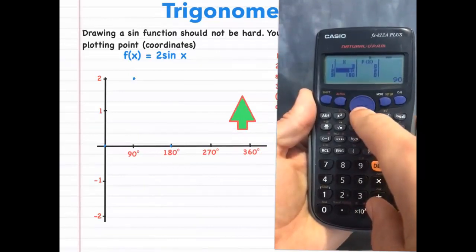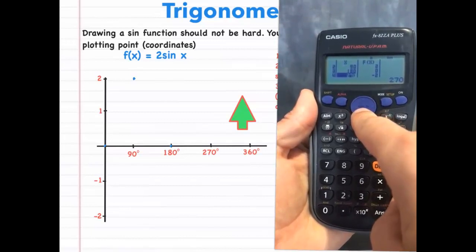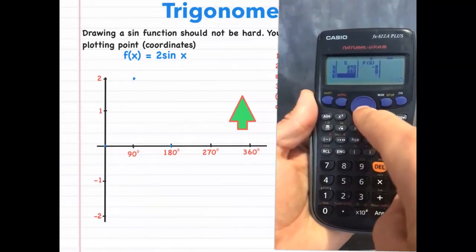Then we wait for this calculator to quickly scroll down. So down, down, and one more down, and there we go. I can pause because that's all the detail we want. My x value is 270 and my y is minus 2. So here's 270, go down until I'm in line with the minus 2, so it will be right there.